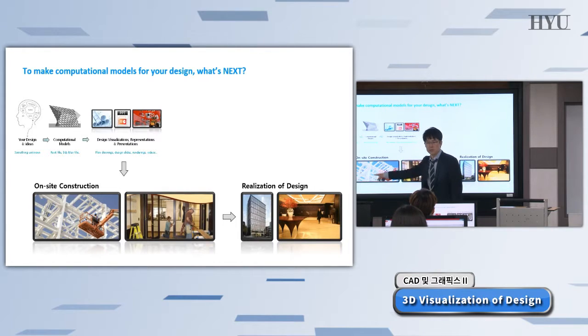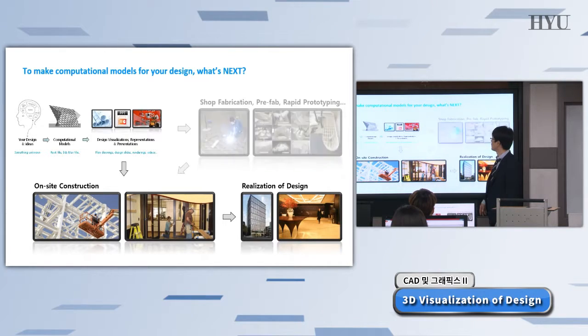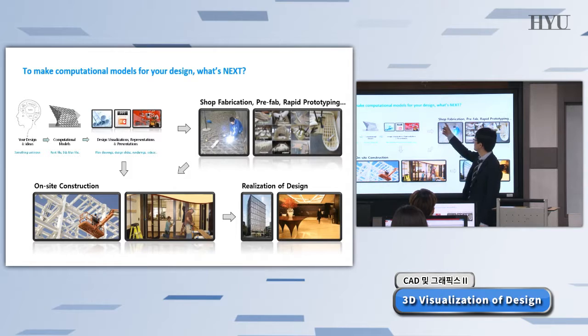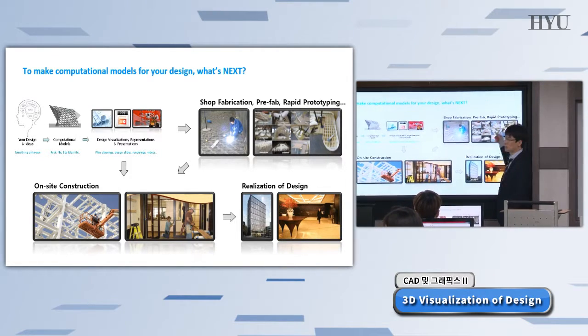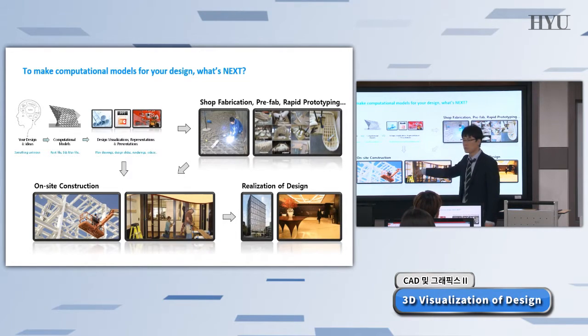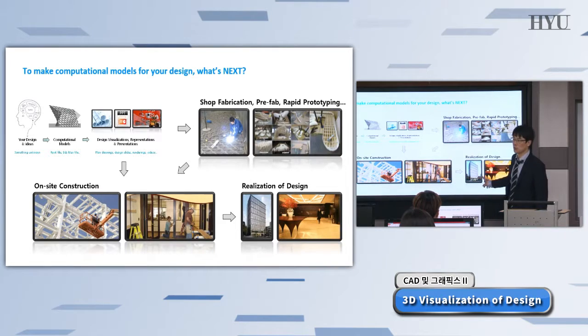On-site construction for structural elements, on-site construction for interior facilities, okay? And then it's going to be realized as built. But another way is shop fabrication, prefabrication, rapid prototyping. These kinds of objects can be fabricated, manufactured in shops or factories, and then transported to the site and installed, okay?